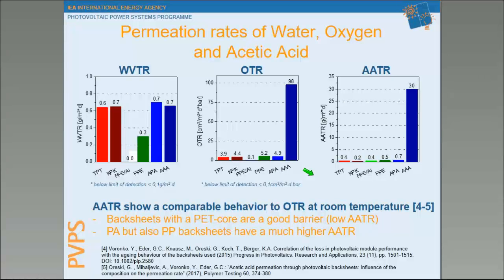So that means quite a low water vapor transmission rate, but very high oxygen and acetic acid transmission rate. And actually, just by looking at the material streams, it's beneficial for a PV module because oxygen can get in, can prevent yellowing of EVA, but also acetic acid that is formed during service life can permeate out to some extent.